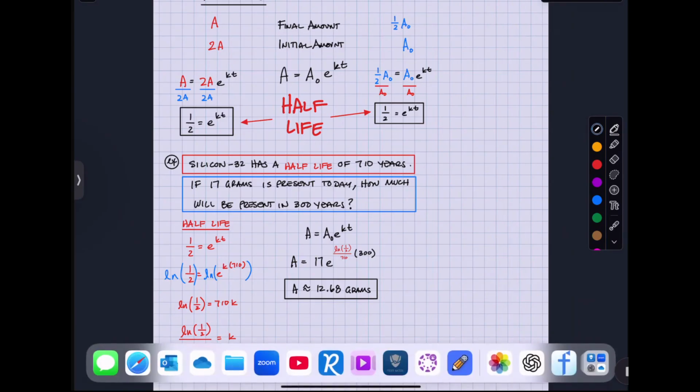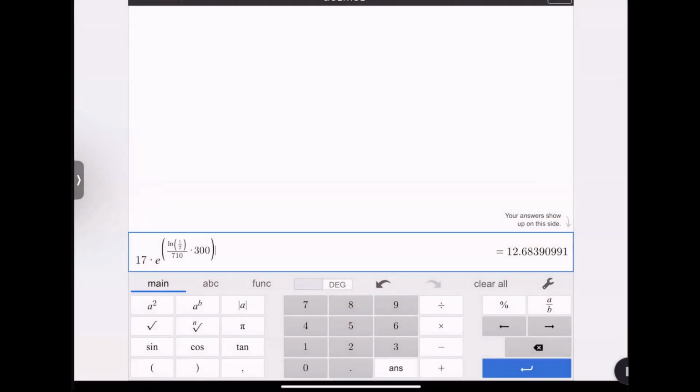Did you want to see this? You didn't use e raised to the power. You did e times. And it's approximately 12.68 grams. Yeah, that's it. That's the ticket.